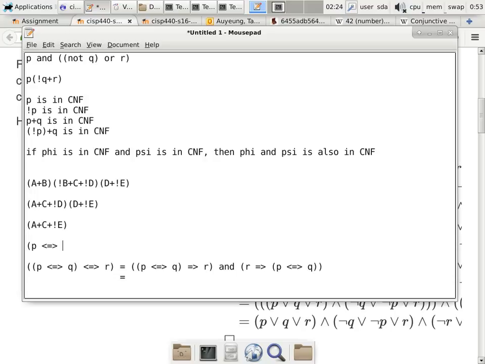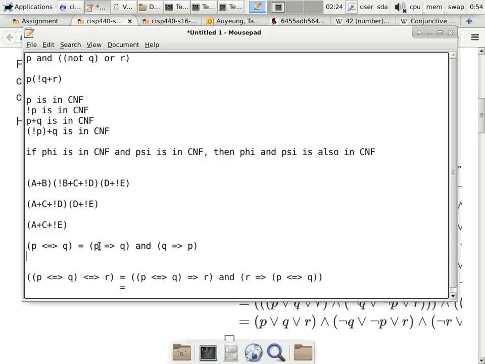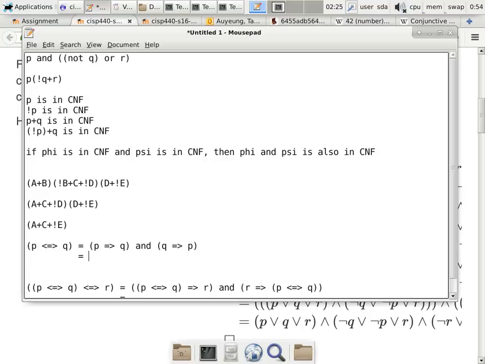P is equivalent to Q can be re-expressed as something and something else: P implies Q and Q implies P. And I have this going into two places, because I have it here and also here. So maybe I should do some simplifications first. What is P implies Q?